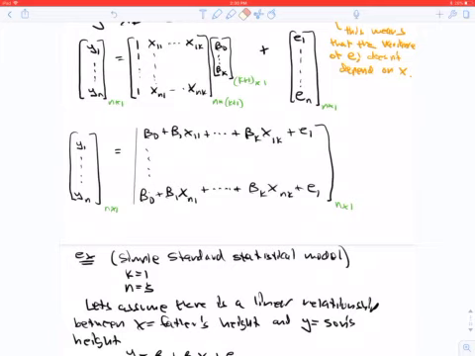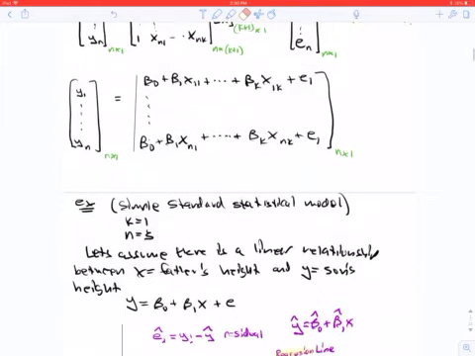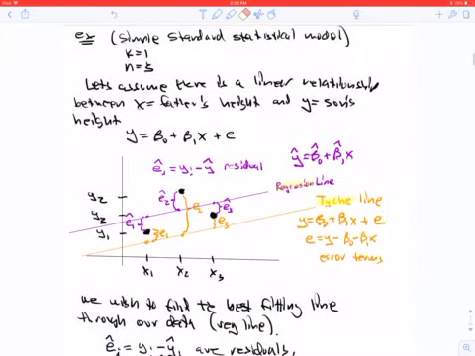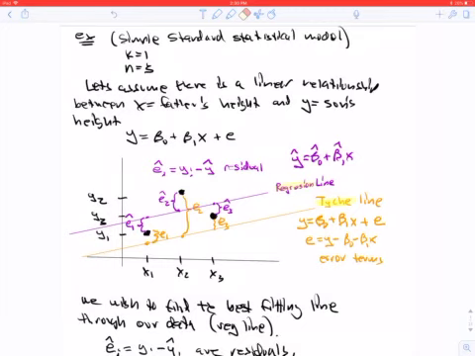So each row here is a different observation, and we have one response variable, y, and k predictor variables, x. So, of course, k is 1 is the simple standard statistical model.